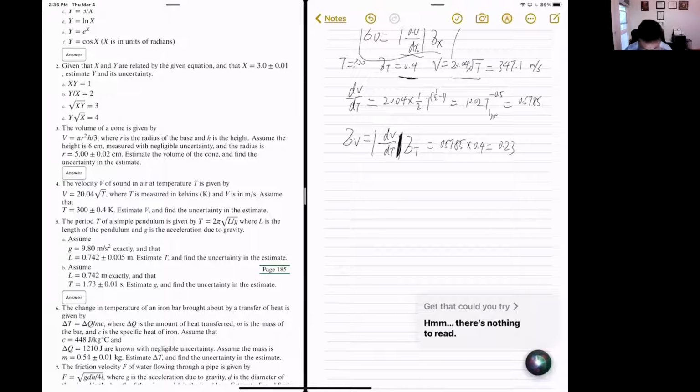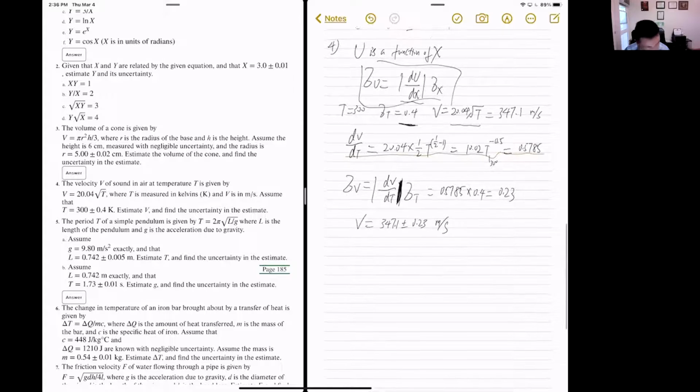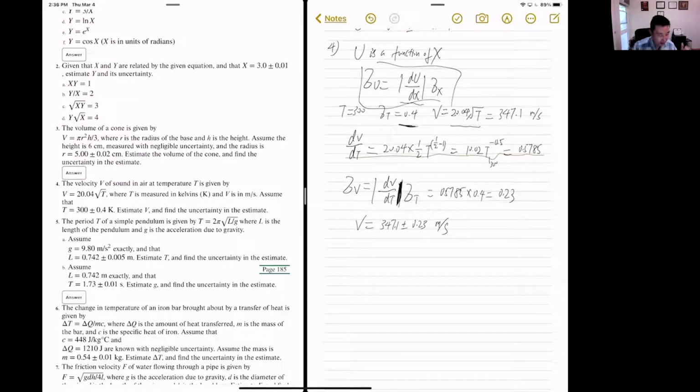So we can express V as 347.1 plus minus 0.23 meters per second. So that's the uncertainty for a function of one measurement. Here, V is a function of temperature T.